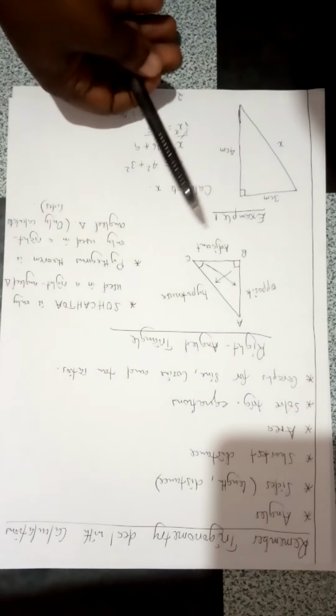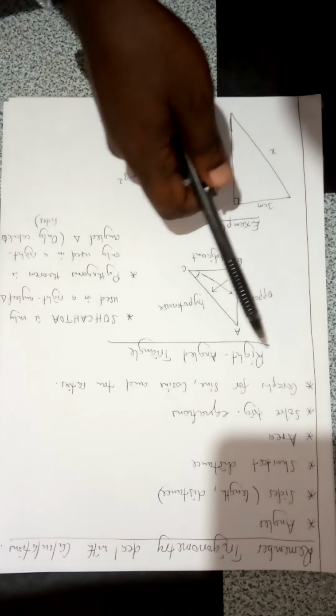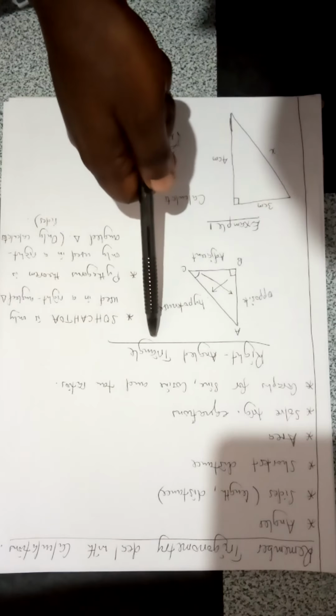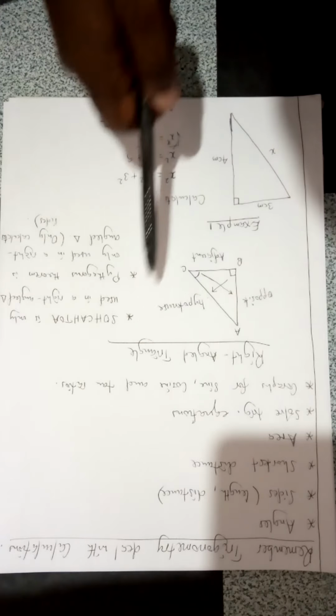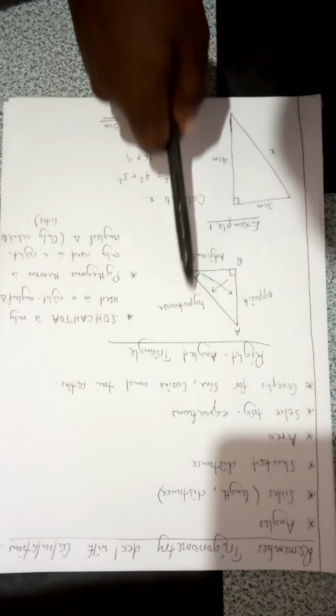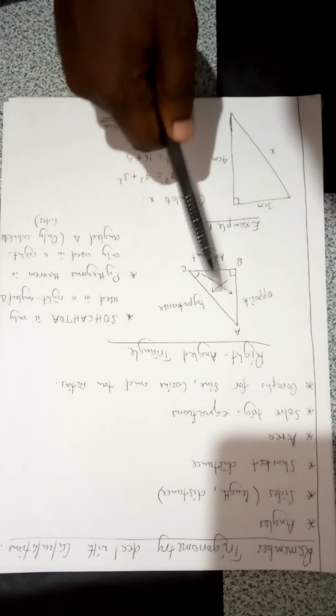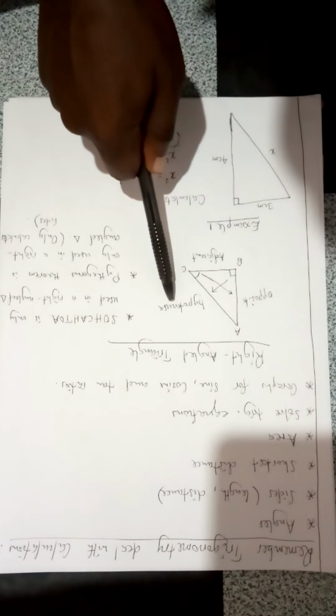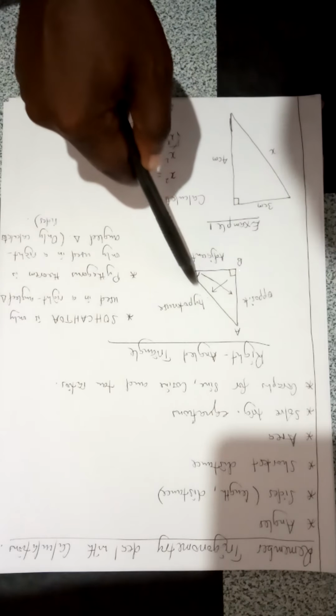Okay, so now let's get back to one type of triangle which is very important, and this is the right angle triangle. A right angle triangle has got a symbol which is for 90 degrees. Now the sides have got names. The side which is opposite to 90 degrees is called the hypotenuse, and it is the longest side.